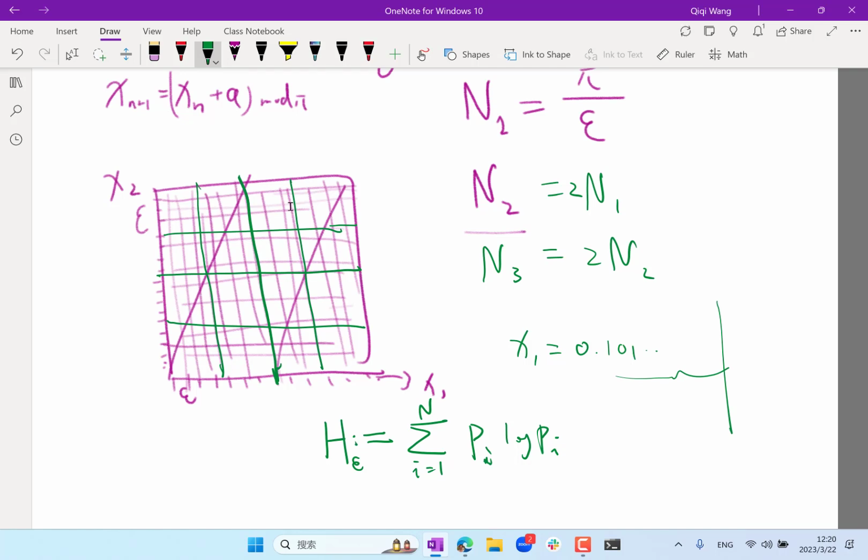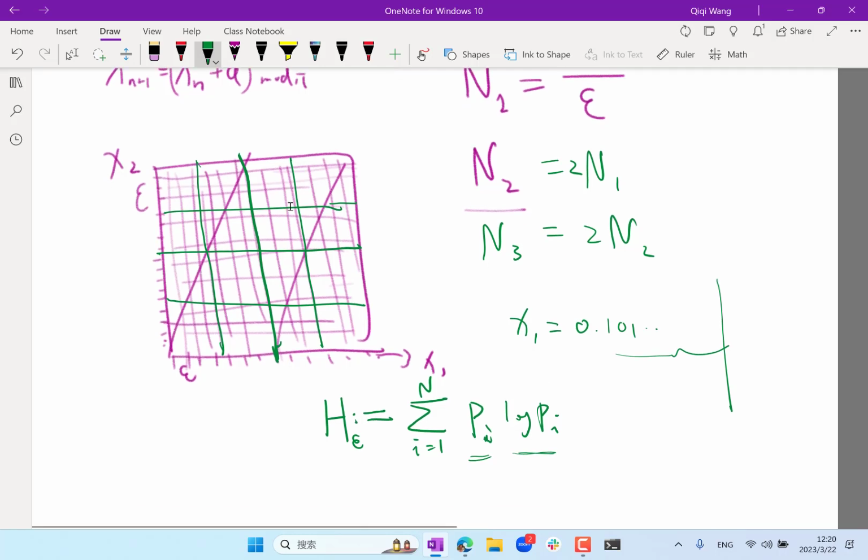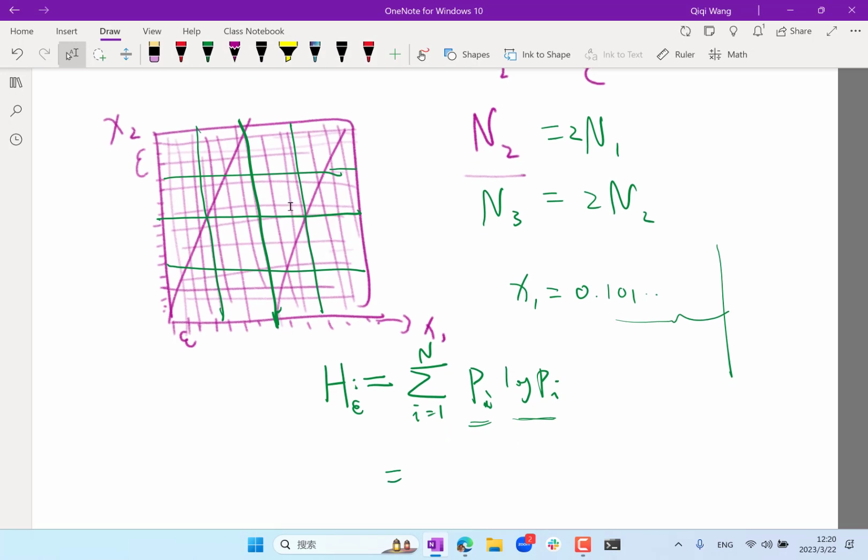In this particular case, if you split up equally, all the p_i are going to be exactly the same, because we have a uniform measure. All the p_i add up to 1, so this is equal to the log of each individual probability that the system sits in one of them. So it's going to be a log of 1 over n.